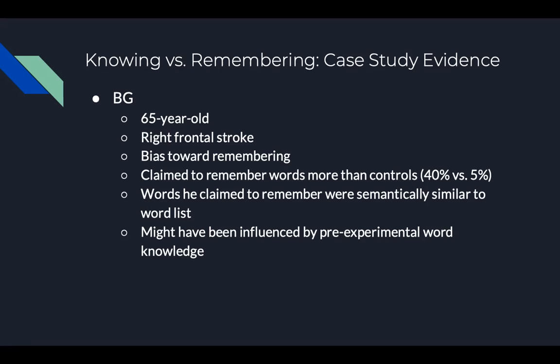And they found that in these follow-up studies, he still demonstrated a similar pattern of saying that he remembered words more frequently, and remembered words that weren't actually on the list. And so again, they were able to control for possibly just the connections that he had to words or between words before starting the experiment.